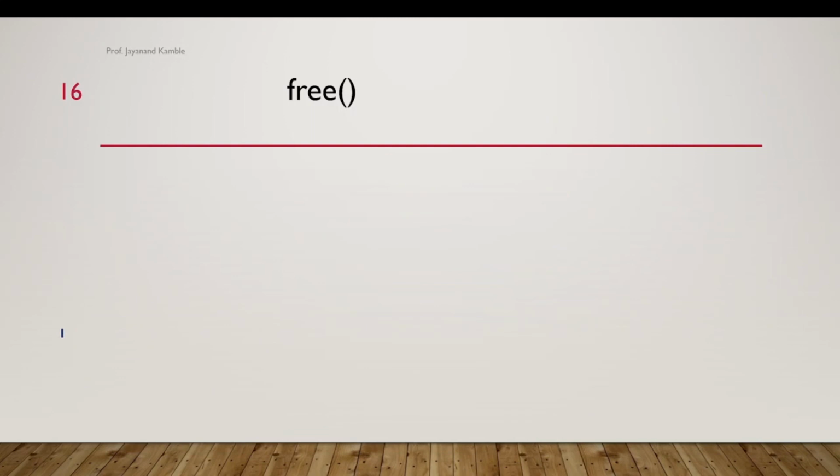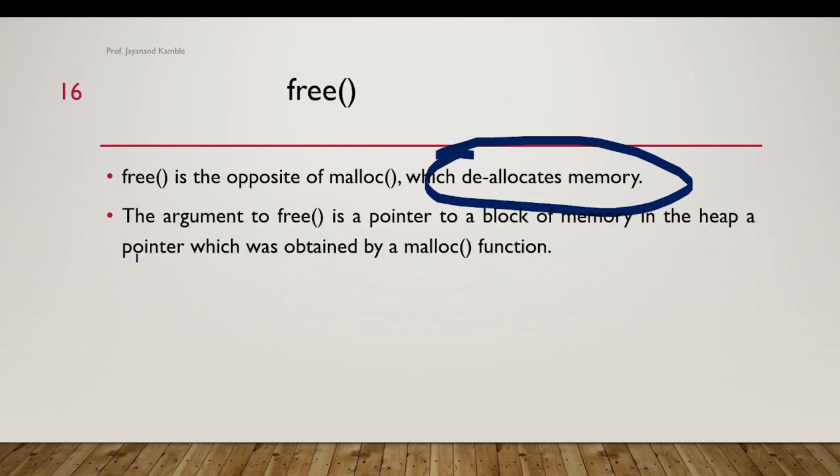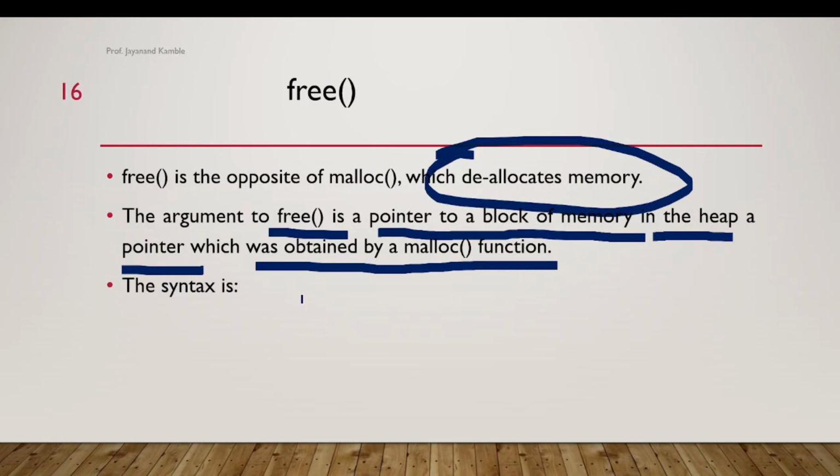Now let's talk about the free function. Free is exactly the opposite of the malloc function. It deallocates the memory. The argument to free is a pointer to a block of memory in the heap which was obtained by the malloc function.